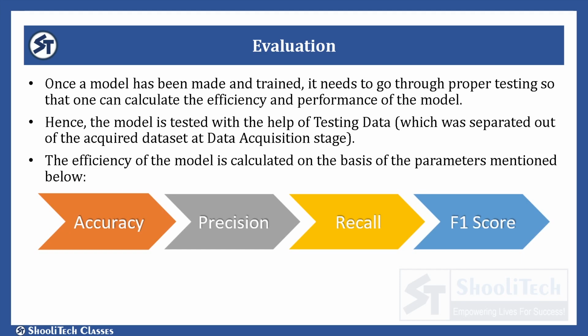After testing, we calculate the efficiency of our model. And to evaluate the efficiency of our model, we calculate 4 parameters: accuracy, precision, recall, and F1 score. We will study the complete process of evaluation and the calculation of these four parameters in a future video.